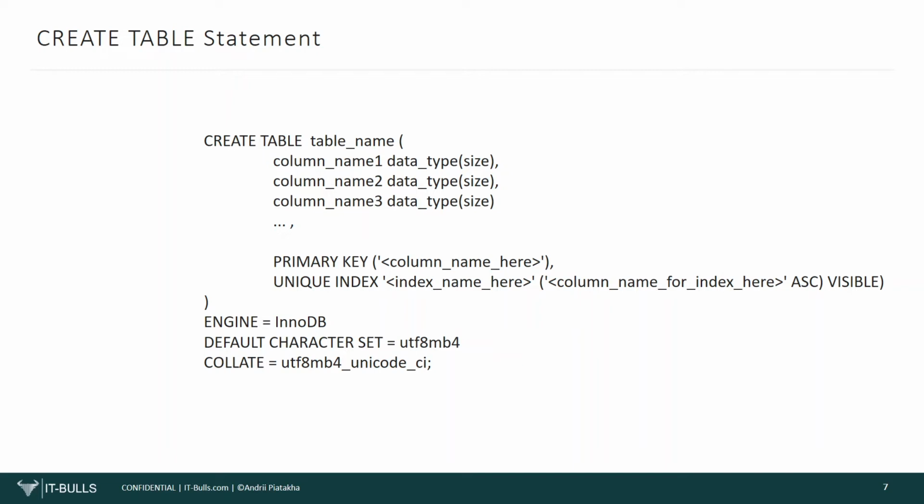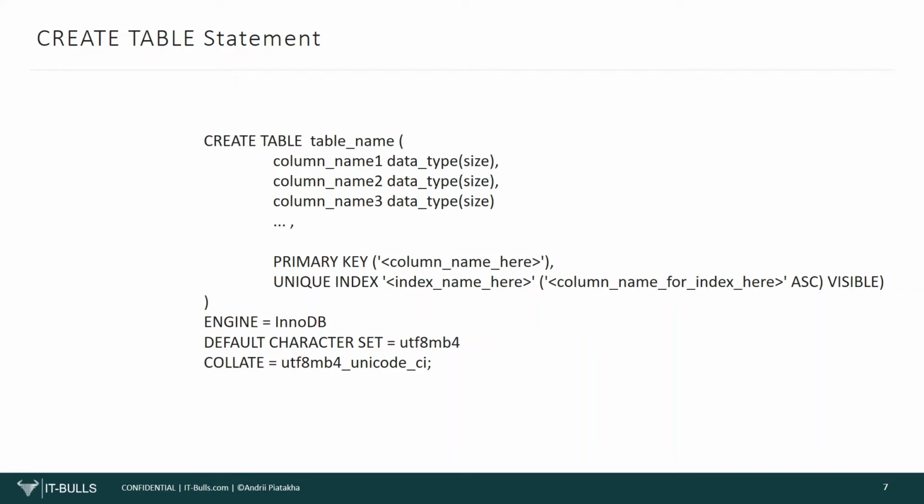Basically, we need to write create table, followed by the table name. And after that, in parentheses, we have to list all columns with their data types, specifying size for each field if needed. We can specify the primary key column name.